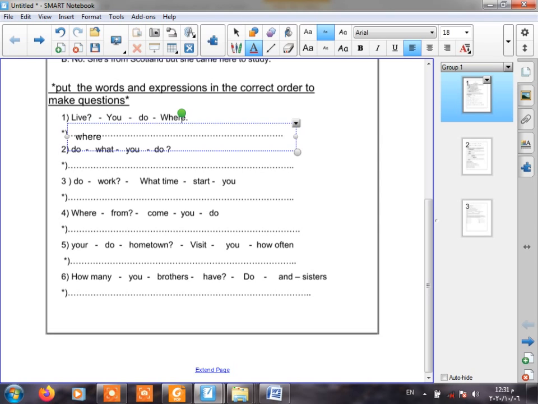So, where do you live? This is that question. So, do what you do, so what do you do? Do, what time start you? It should be, what time do you start work?